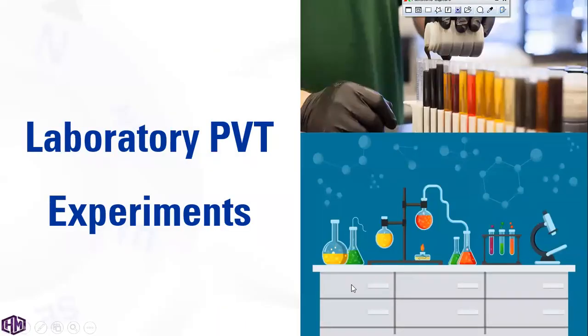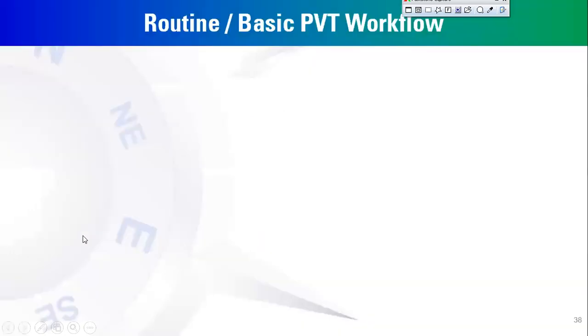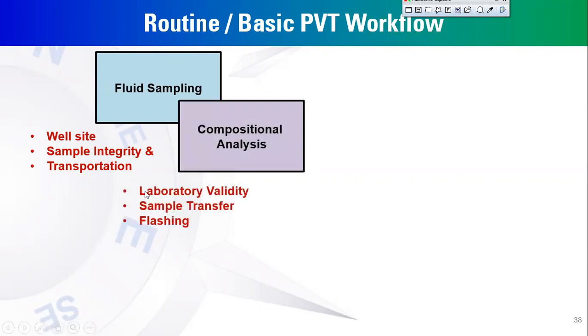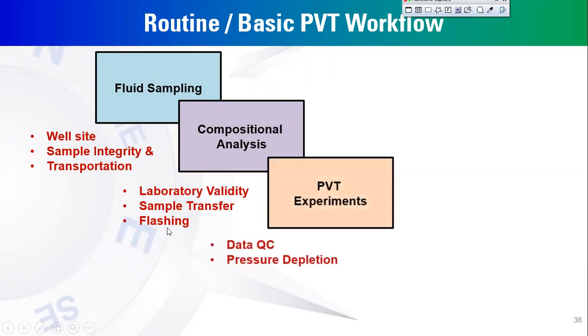So now, very important, PVT lab experiments. The traditional or basic PVT workflow is, after fluid sampling, real-time monitoring, sample integrity and transportation: compositional analysis in the lab using zero flash testing, and PVT experiments.